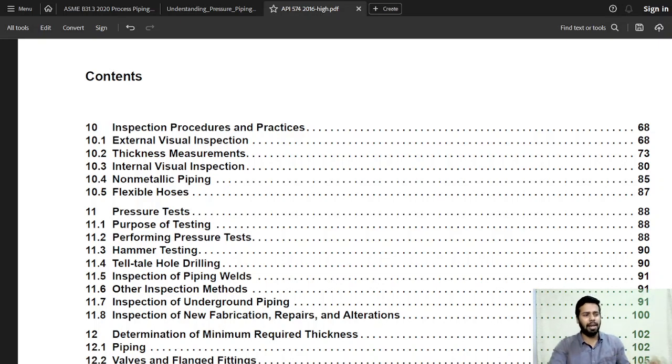Not as important, but again, a piping inspector should at least know these things. So the only way to approach this is by going section by section. It is recommended that a person preparing for the API 570 examination should at least read this document once. But again, some sections are going to be more important, some are not that important.